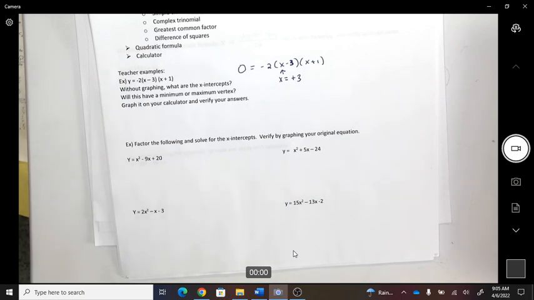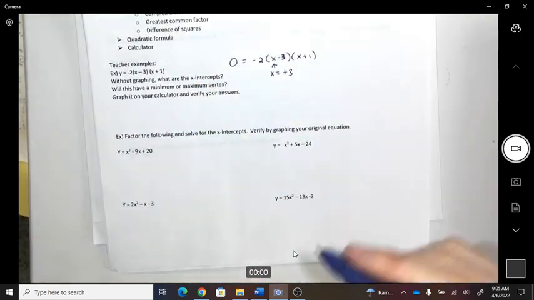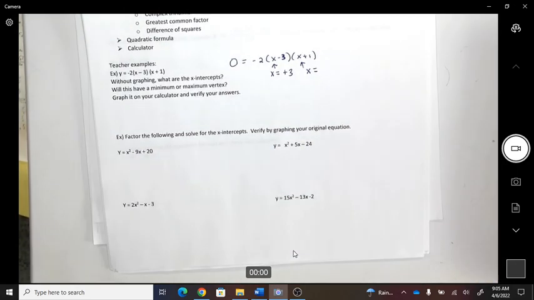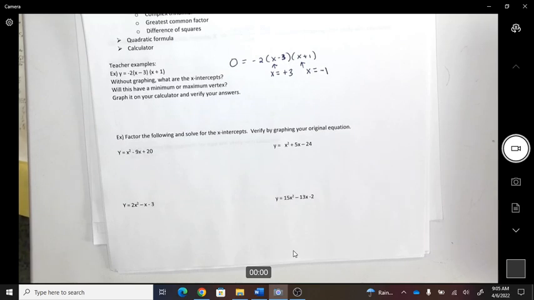And then if that bracket is 0, 0 times anything is 0. And what would I want this x to be? -1. Because -1 plus 1 makes 0. And now it's going to have a 0 times blah, blah, blah, 0. Okay.